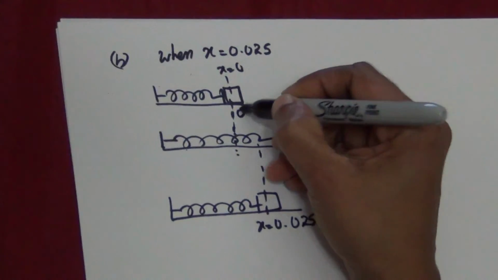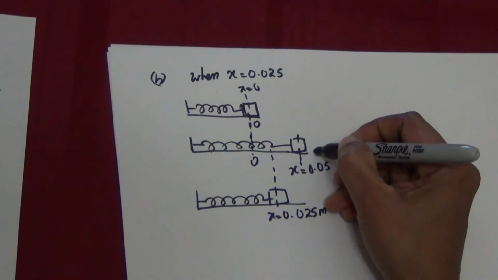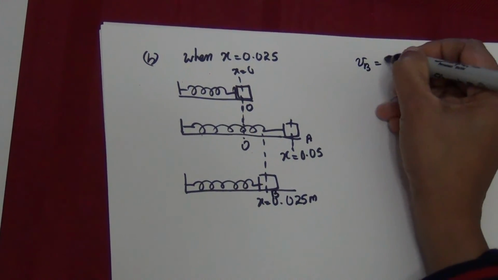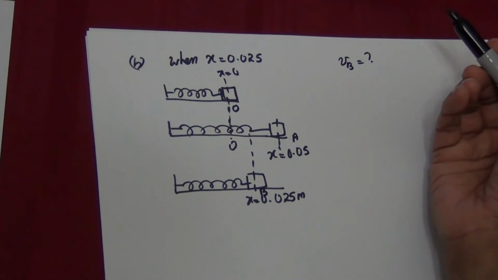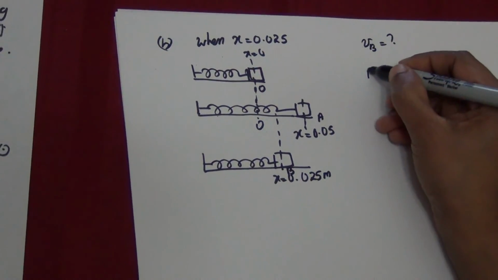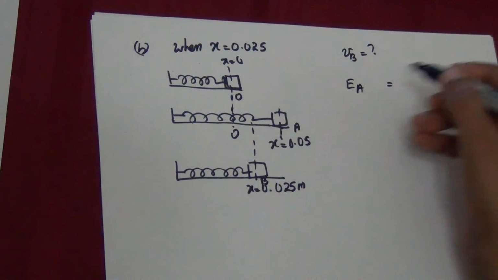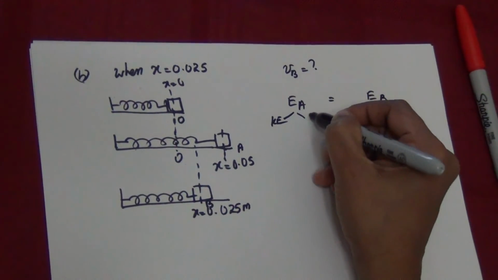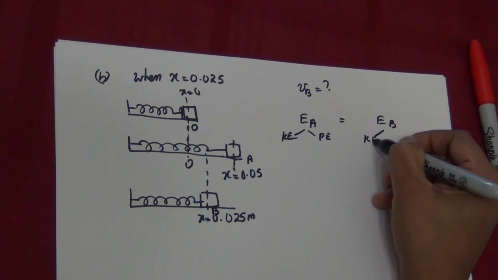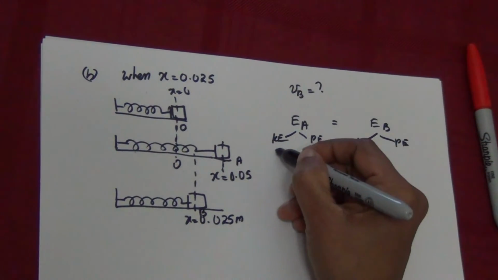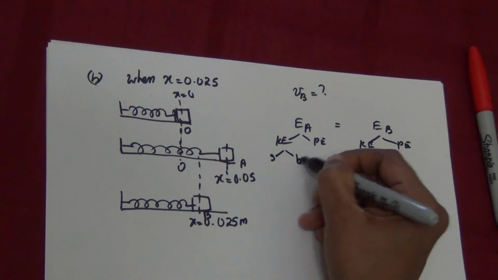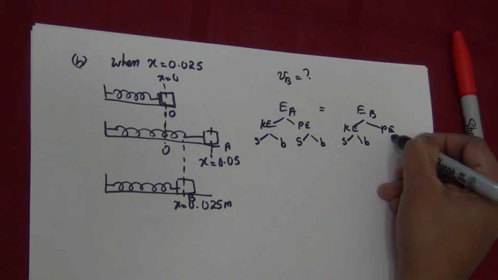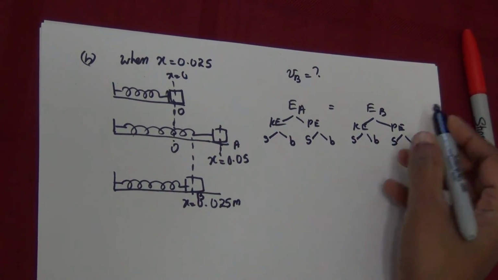So earlier we put this as O, this as A, and now let's put this as B. So the question is what is V_B, right? So the same as before, let's write the equation: the energy at A is equal to the total energy at B. So let me write the kinetic and potential quickly, for the spring and the block.